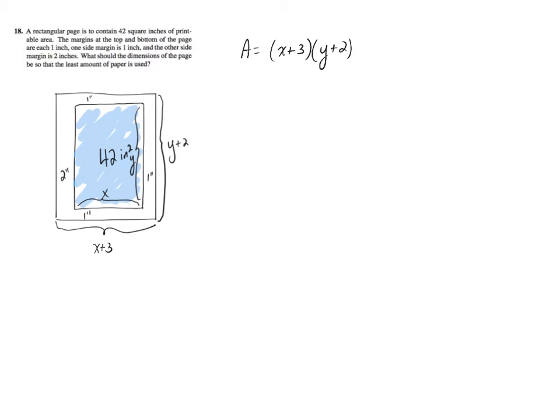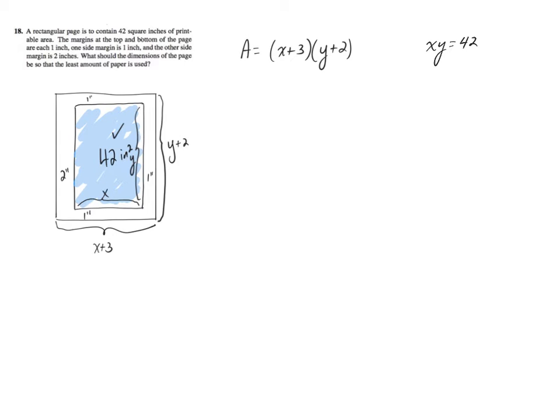As we've seen in a number of these other problems, you want to avoid having two variables in here. It's not completely a deal breaker, but it's easily overcome when we factor in our constraint in this problem, and that's the area of the print inside this blue region, which is x times y, has to be 42 square inches. So xy equals 42.